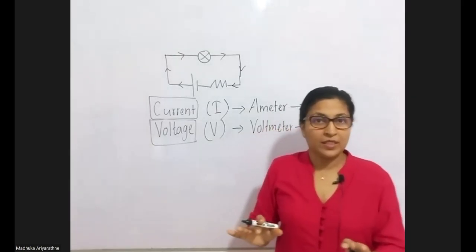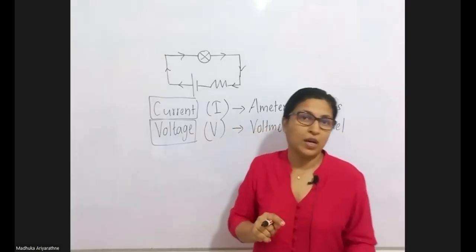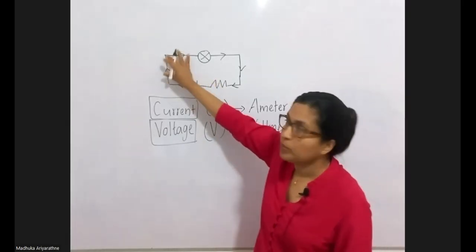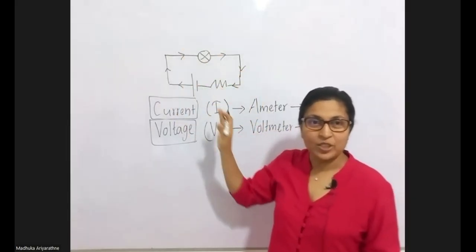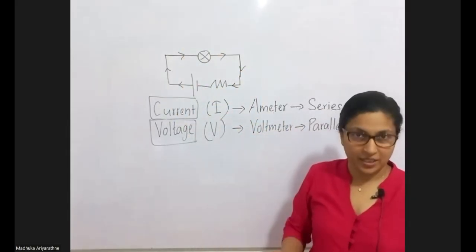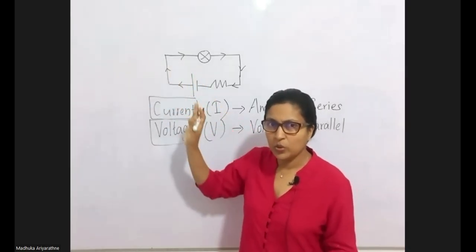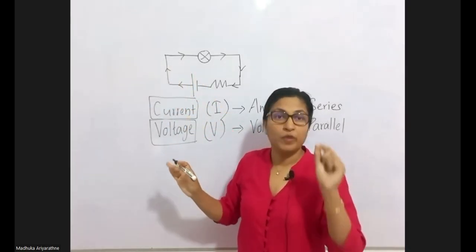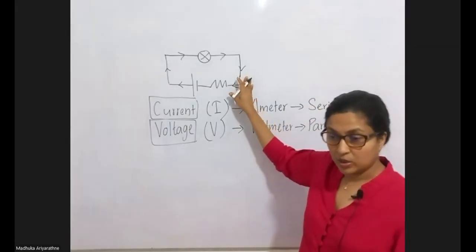For the current to flow, it should always be a closed circuit. If there is an opening, can the current pass through? No, the current flow will be stopped. That's why we can insert a switch.